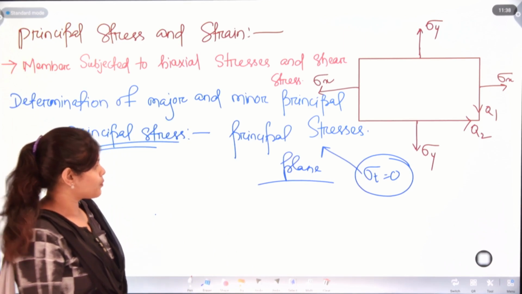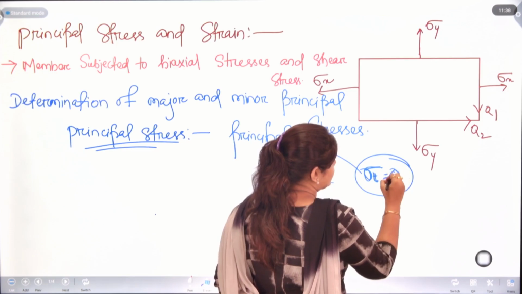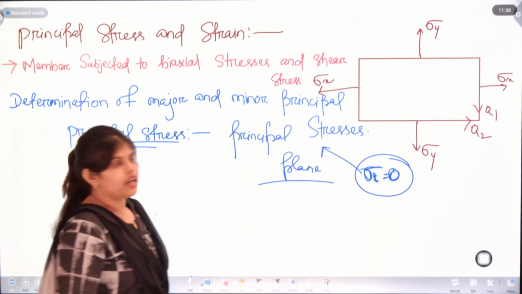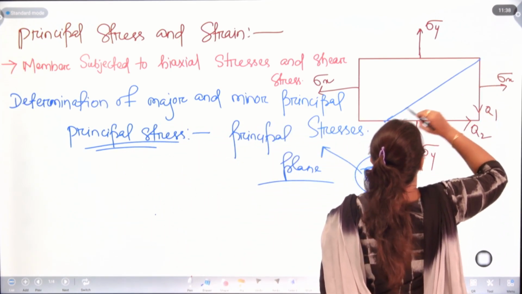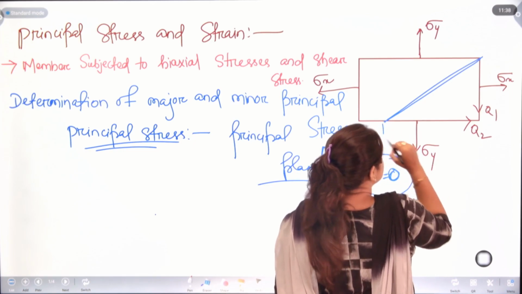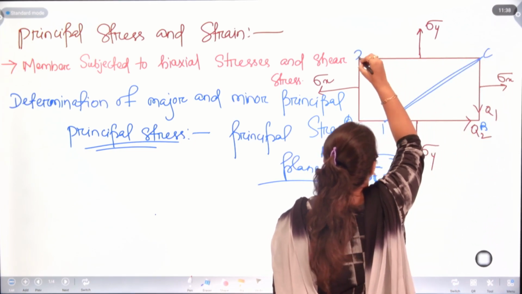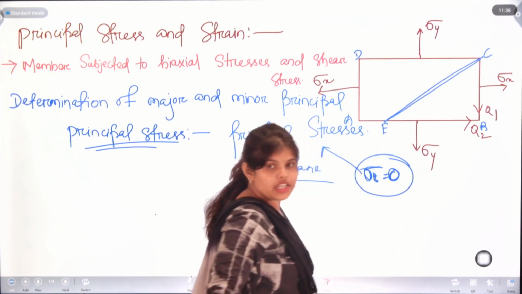So if we take our tangential stress as 0, the plane will be, as we know, in this case with inclination, let's take it as A, B, C, D and here E. So we got it as the CE inclination.